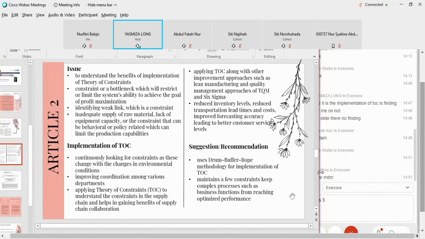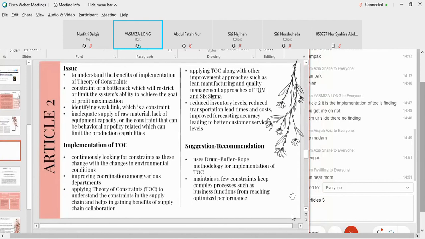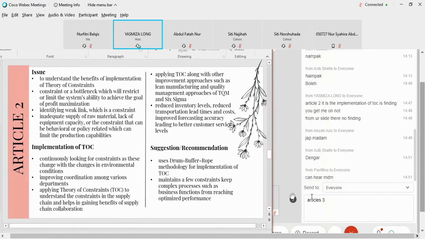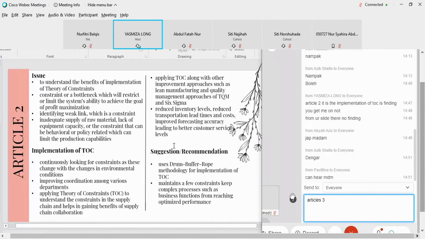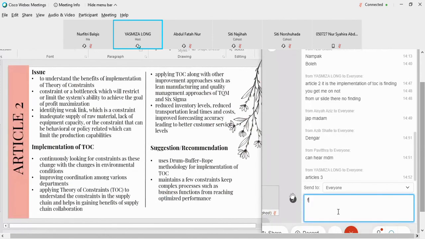Okay, anyhow, dah pukul 3 dah ni. So untuk first group ni, untuk report awak nanti, make sure untuk artikel 2 ni, you cari dulu. What is the finding in the article 2? Okay, boleh tak? Boleh, Madam, for this group boleh lah.